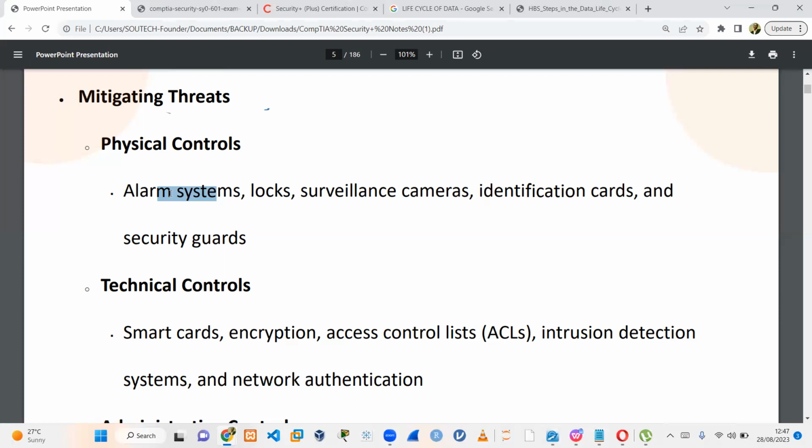That's why it doesn't hurt to have very sound, even hands-on knowledge with respect to alarm systems, locks, surveillance cameras, CCTV systems, DVRs, NVRs, identification systems, security guards. It tells you, when you are architecting, planning and designing your security controls for your IT systems, what is actually happening with respect to physical controls.